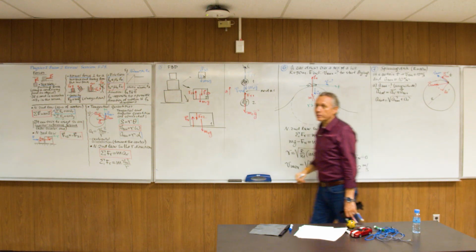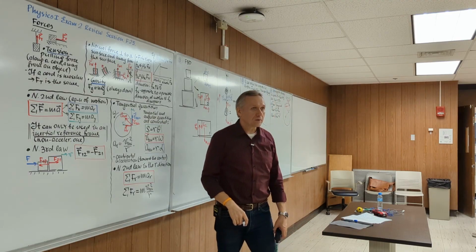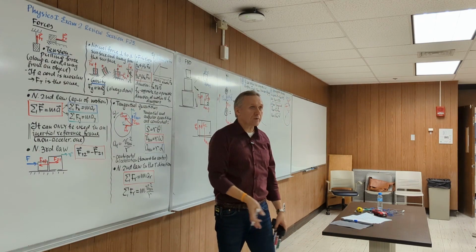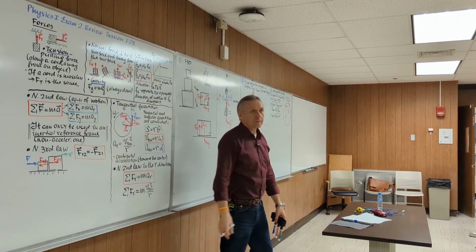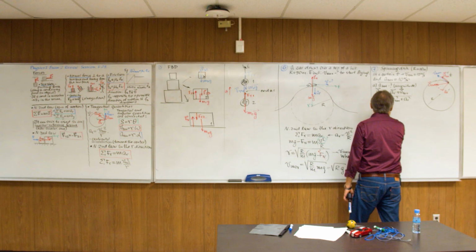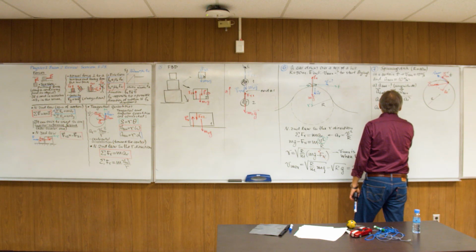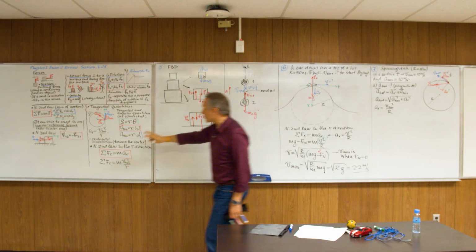Tangential acceleration is given. Can we find centripetal acceleration, Jason? Yeah, velocity is given, radius is given. So a centripetal is v tangential squared over r. It's given over here, right?